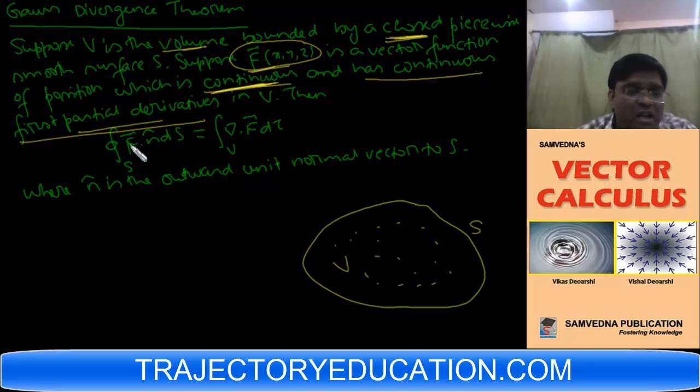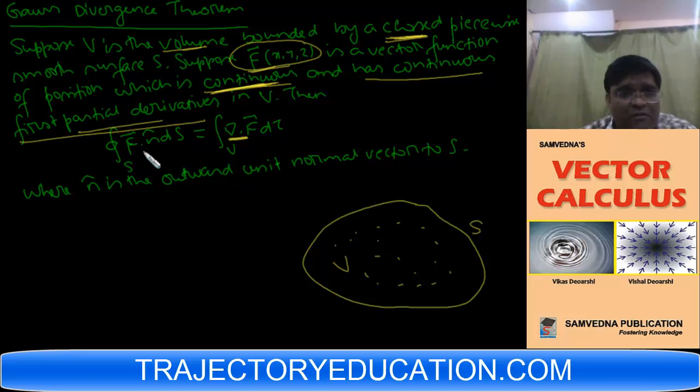Only in this case the surface integral of f over the surface S is equal to the volume integral of its divergence over the volume, right?